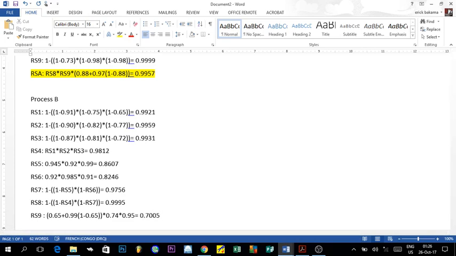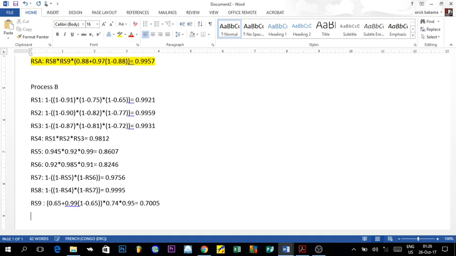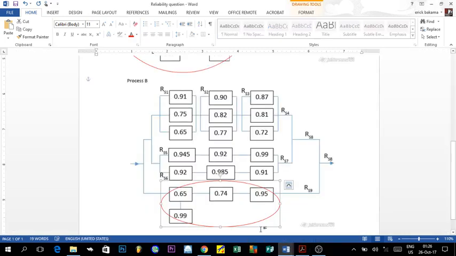Now we are done with errors 9, and we need to find the reliability of system B. As I said, there's no errors 10, which means errors 9 is the last one and we stop there. But you notice that the reliability of system B has two components, errors 8 and errors 9.